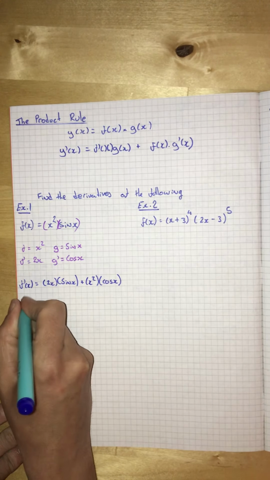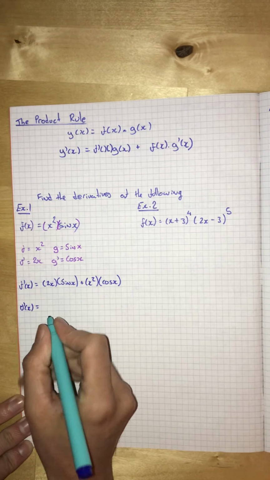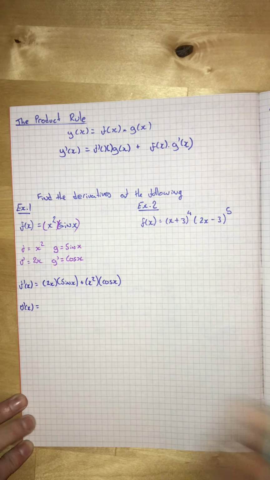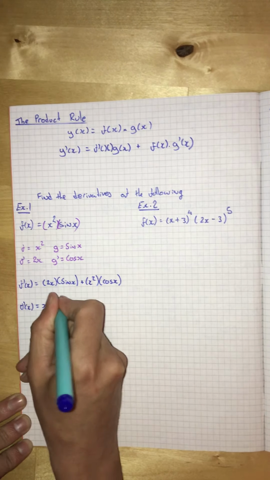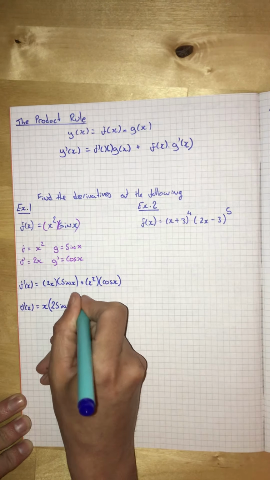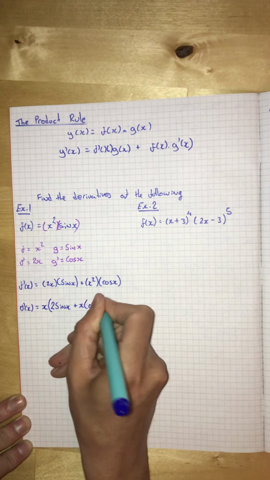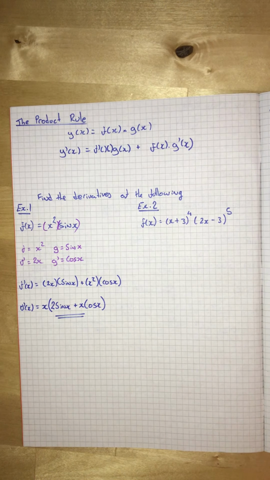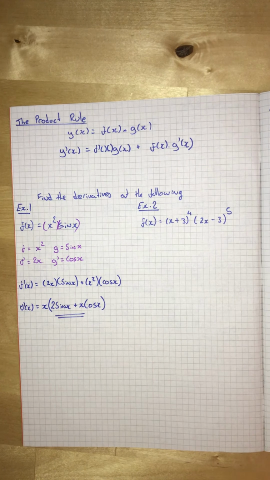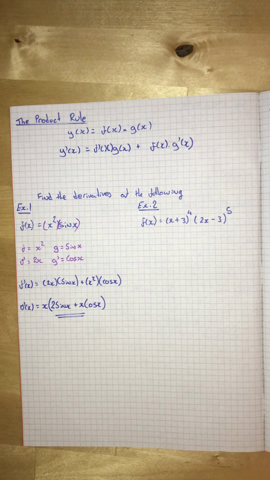And so that's actually the end of the question, although we could take out a common factor of x, which will give us x(2 sine x plus x cos x), to fully simplify it. Okay? So that's how to differentiate two functions when they're multiplying.